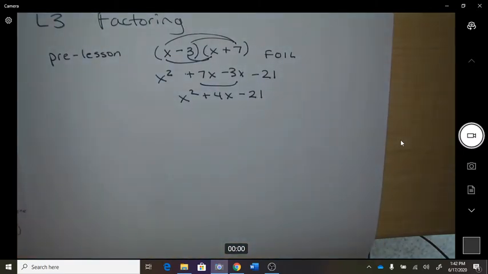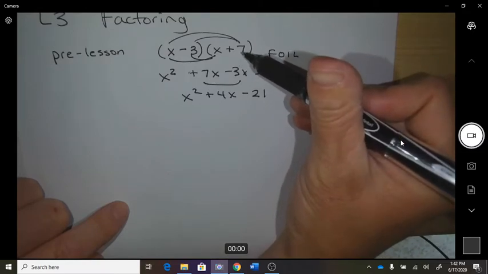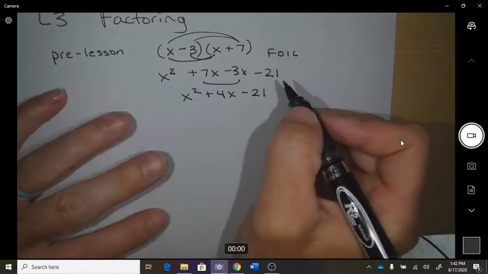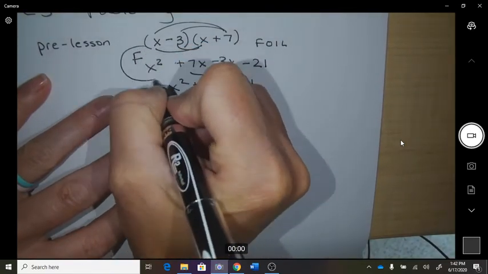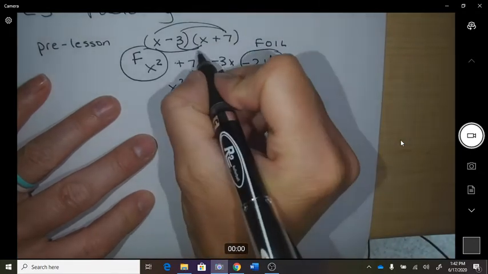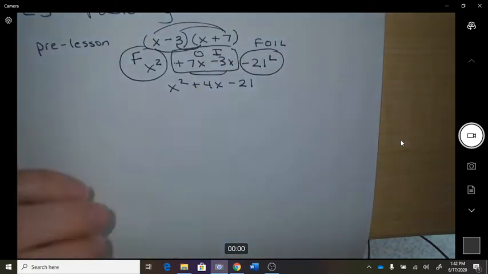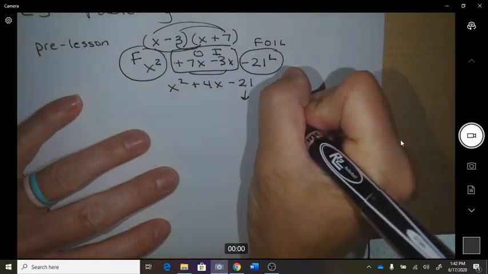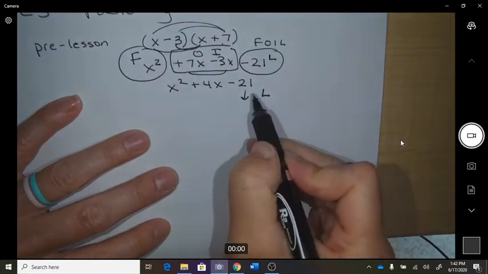Okay, so today we're going to work on how we get from this to those. So when we think about the breakdown of our FOIL, this was the F part, this was the L part, and these pieces together make the O and the I. So what I know is in the L spot, these two numbers need to multiply to that number.